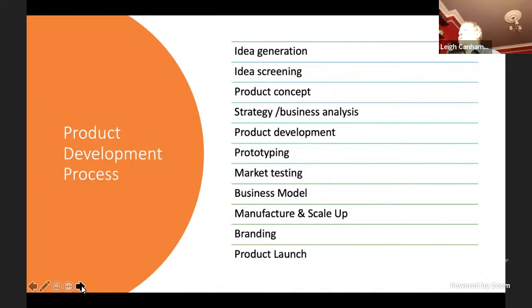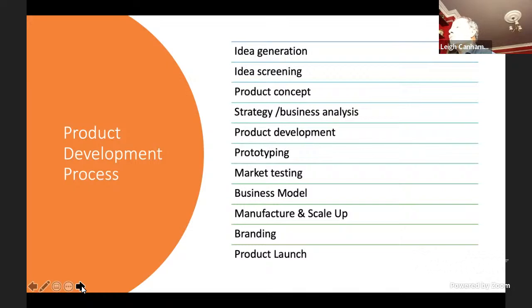And then that leads to the concept of a product. And then you have to do a lot more analysis. And if it's still looking okay from that analysis, like a SWOT analysis, like a prediction of what revenues you might get from such a product, then you move into what's called product development.